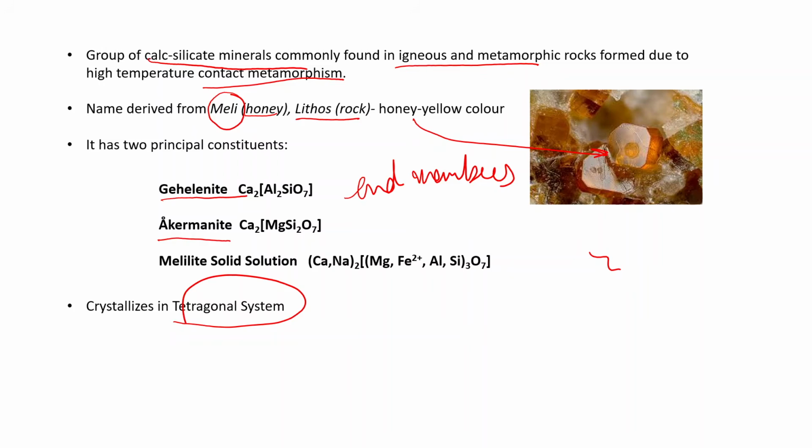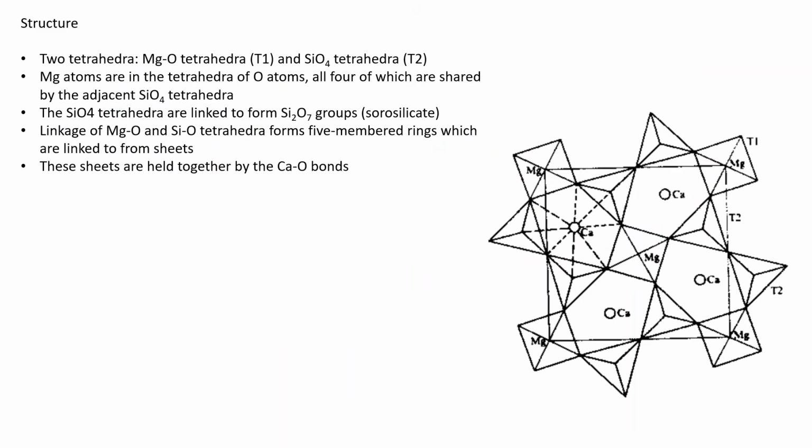And the general word melilite is used for the solid solution, Ca, Na2, Mg, Fe2+, Al, Si3O7. So you have to remember these two names, ackermanite and gehlenite, and of these, ackermanite is the more commonly occurring melilite.